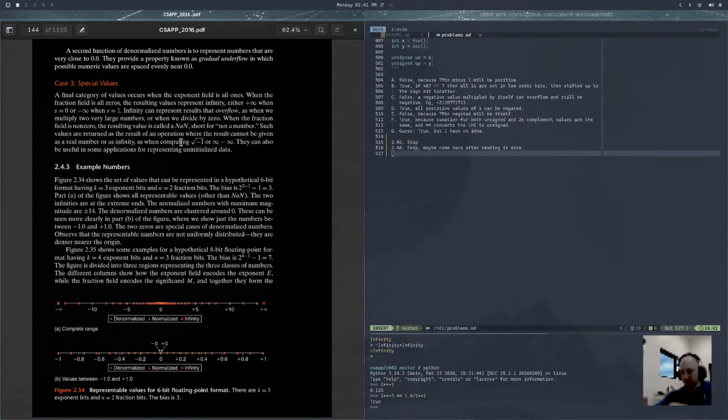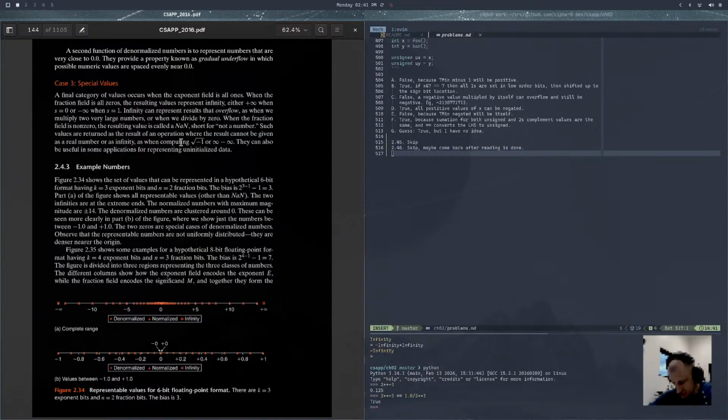Okay, before we move on to that figure, I just want to look at this figure. So you have the denormalized, which are diamonds, which I don't see. The normalized, these are all normalized, and then you've got infinities at the end.